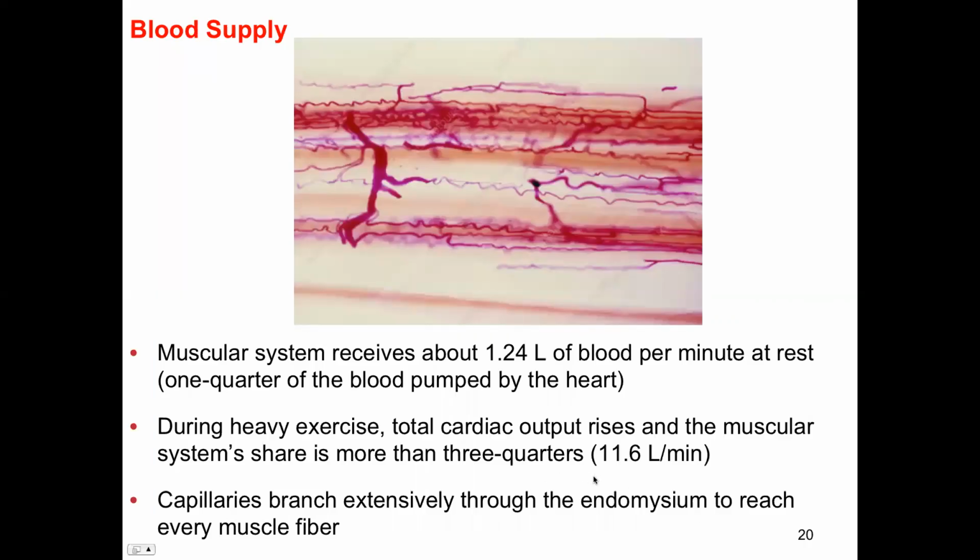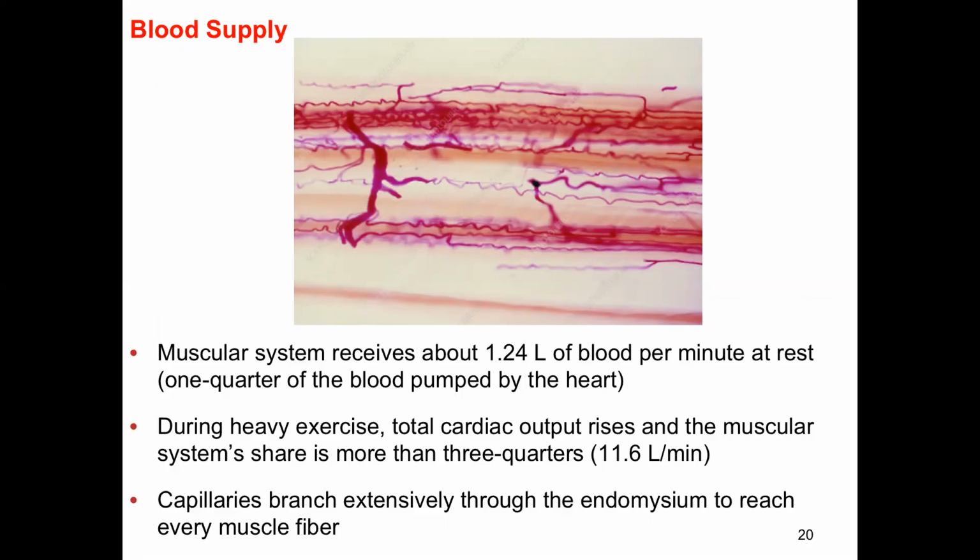You're going to have circulation of 11.6 liters per minute, because the movement that you're doing during exercise, and the movement of the blood and the heart and all of that, requires oxygen, and the blood has to do that and take away the CO2 waste, as well as other wastes as byproducts of making ATP, right?